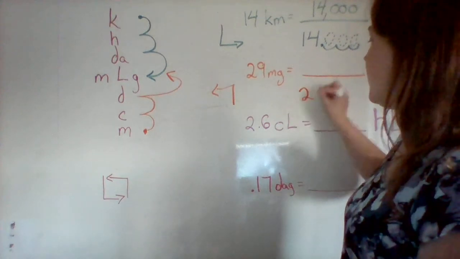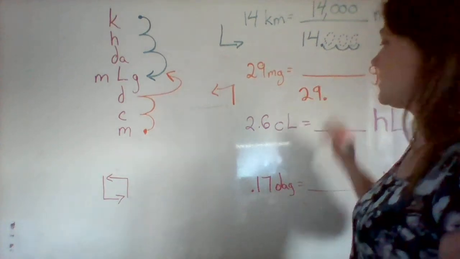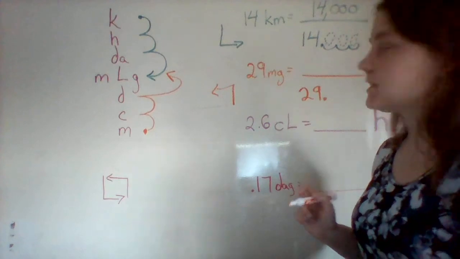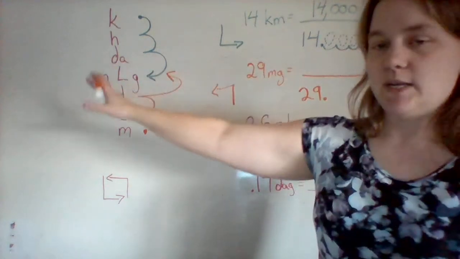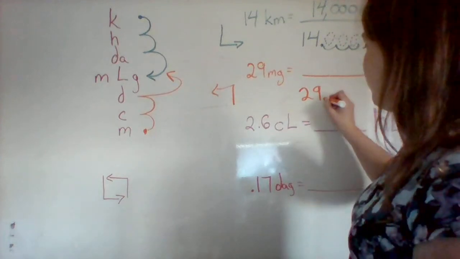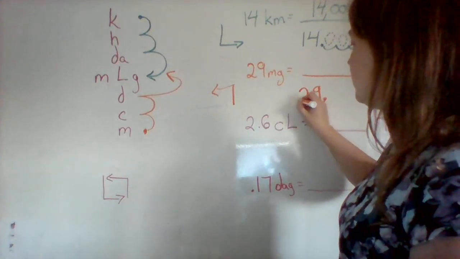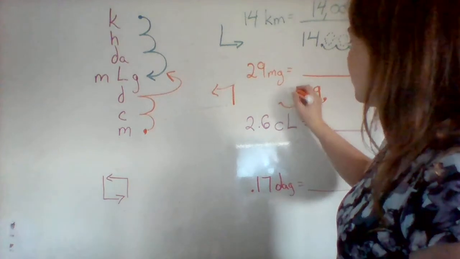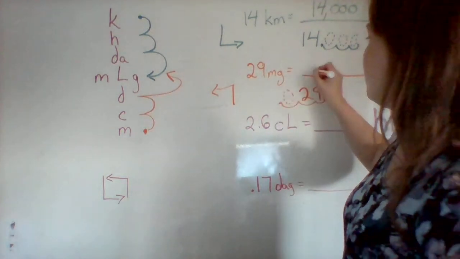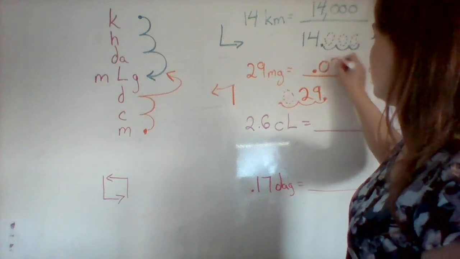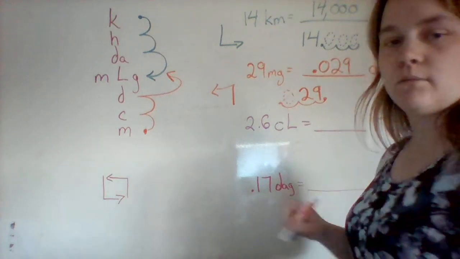So let's take 29, find the decimal, it's at the end, just like a period in a sentence, and I'm going to move the decimal 1, 2, 3, 3 spaces to the left. 1, 2, 3. Need that invisible 0 in there. 29 milligrams is the same as 0.029 grams.